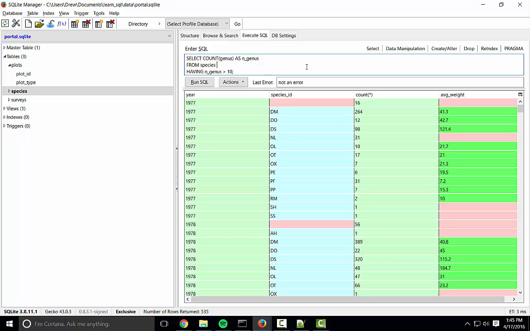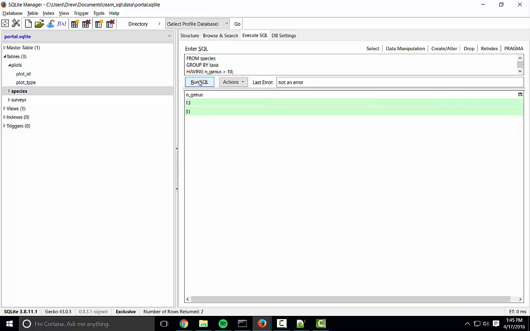Oh, that's not going to work. That's going to count them all, isn't it? Okay, so I need to do group by taxa. Okay, look at that. Except I don't know which taxa those are, do I?